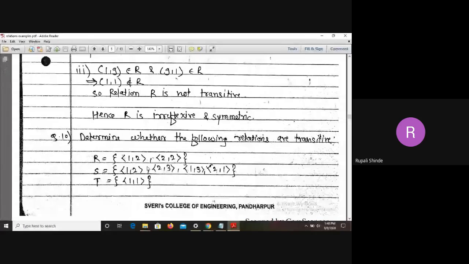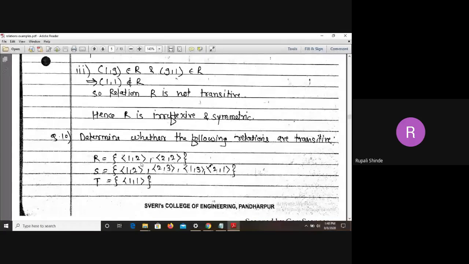What is the meaning of the transitive property? If X is in relation R with Y and Y with Z, then X must be in relation R with Z. This is the transitive property. Now here the first ordered pair is 1, 2.